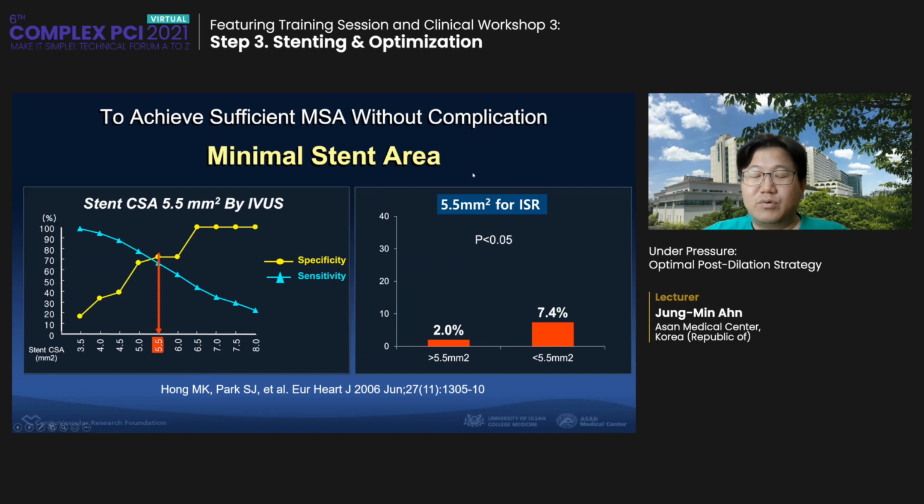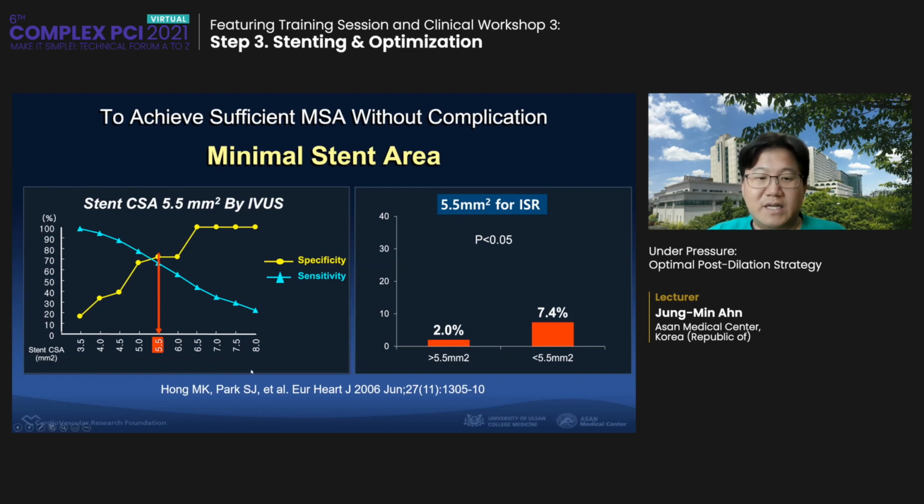What is adequate post-dilatation? I think we have to meet a certain criterion, such as minimal stent area. Minimal stent area and avoiding under-expansion are the most important factors to guarantee favorable long-term outcomes.